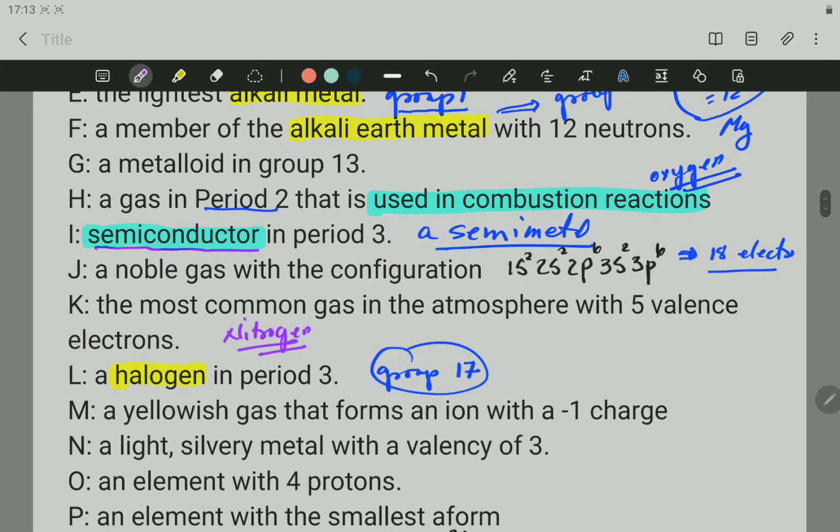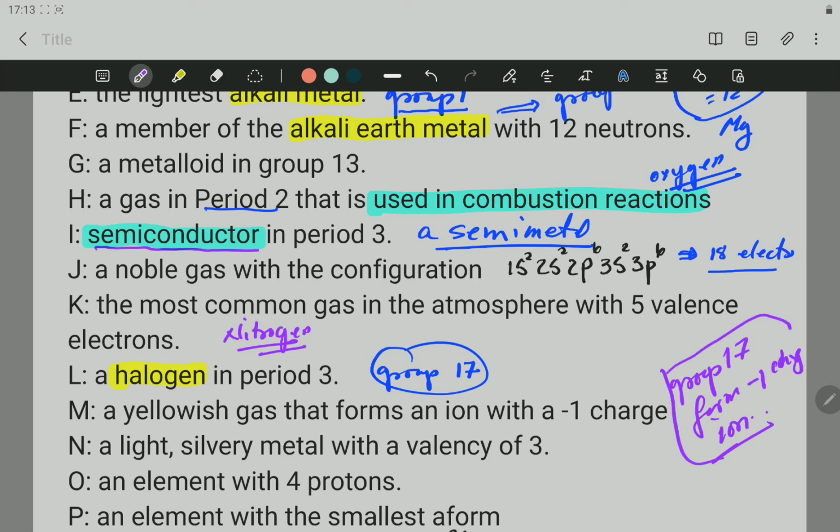Okay? Moving on, a yellowish gas that forms an ion with a -1 charge. Now, all the elements that are halogens are in group 17. Group 17 forms a -1 charge ion. So we are looking still for an element in group 17.